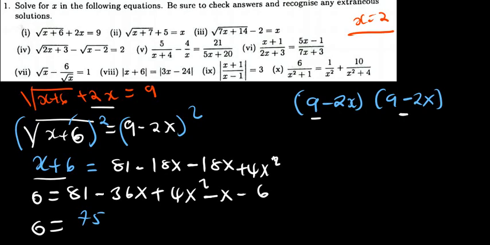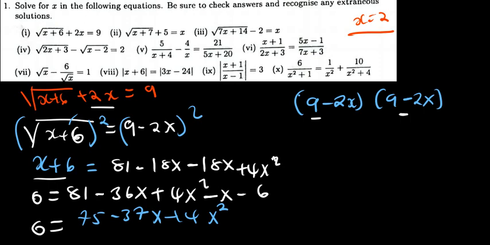Then negative 36x minus x should be negative 37x, then plus 4x squared.